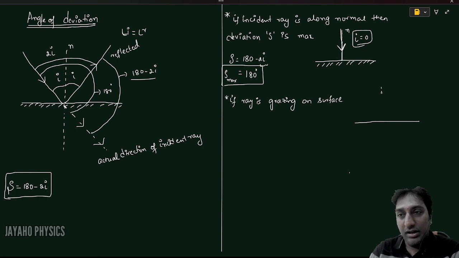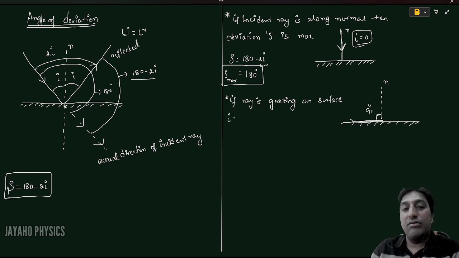Here is the normal, and here is the plane mirror, and the ray is just grazing on this surface. So the angle from here to here is 90 degrees. So the value of i here is 90 degrees.